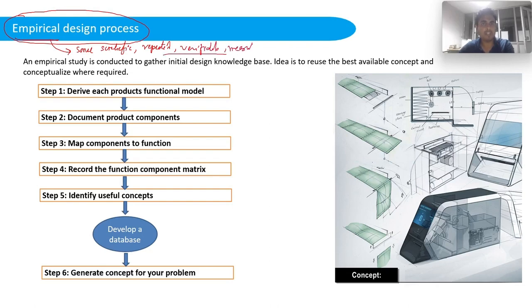So these are some of the things that make a conceptual design process empirical, so that we can follow a systematic approach of design, and whatever decision we make during this conceptual design process can be verifiable, and whenever repeated, they give similar results.